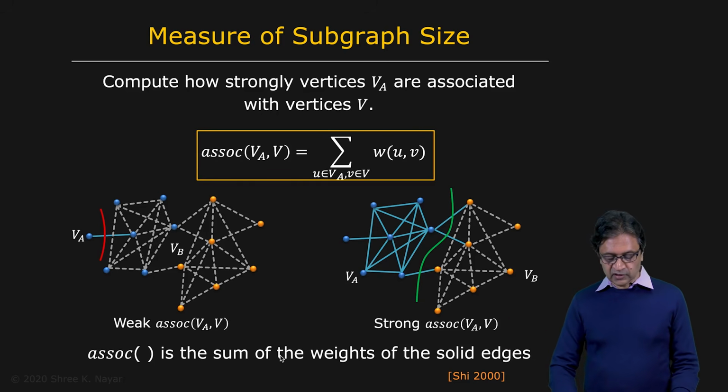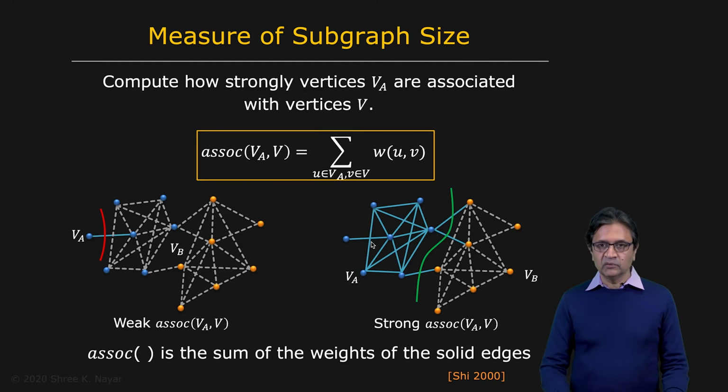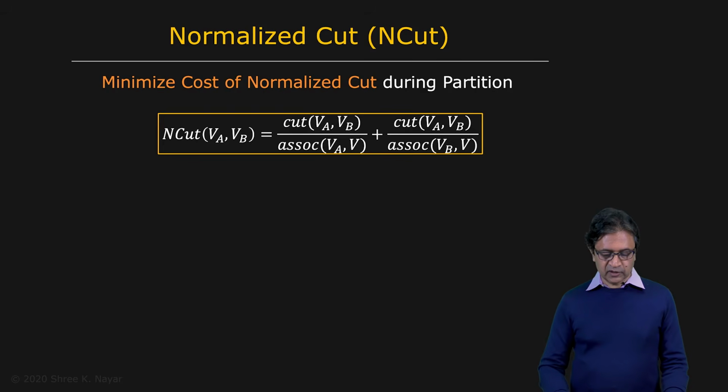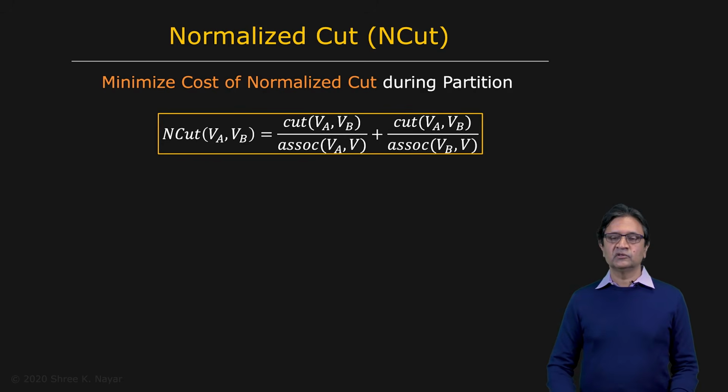So association is the sum of the weights of the solid edges shown here in these two cases. This is weak association and this is strong association. So you want to use this concept and take the cost of the cut and normalize it with respect to association. That brings us to this notion of normalized cuts, N-cut.